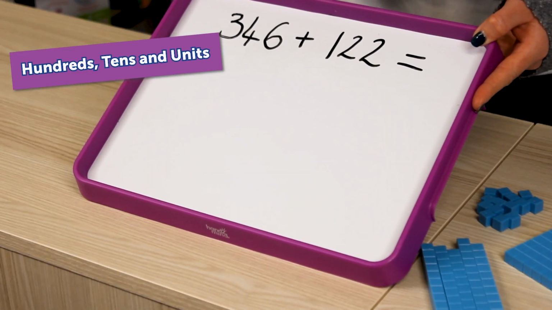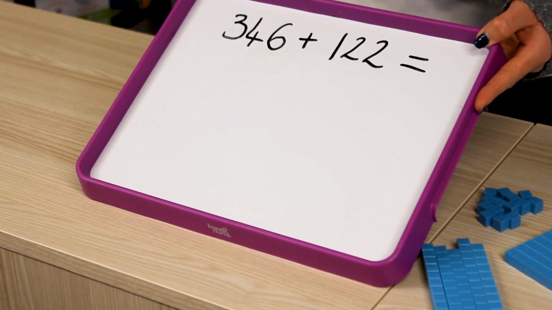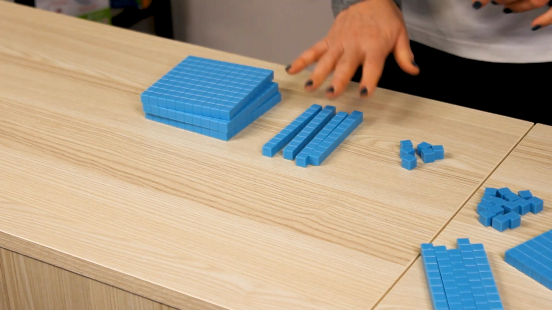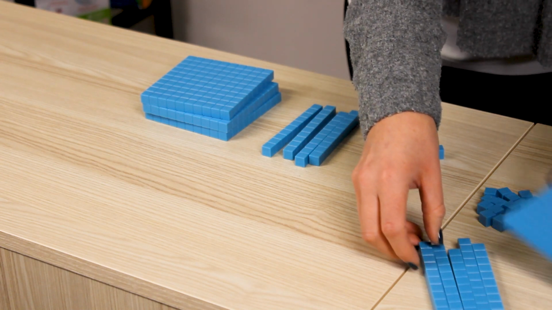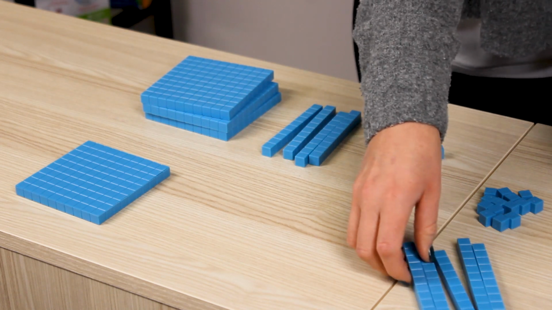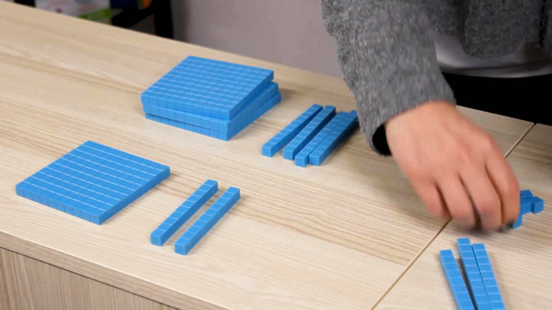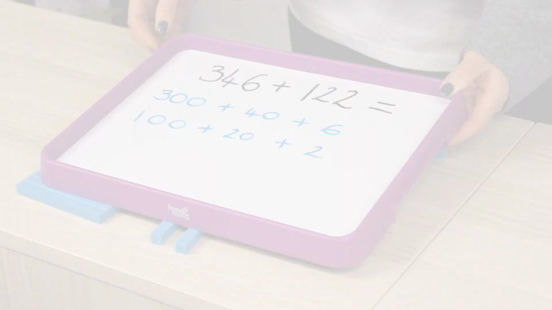Let's take the addition of 346 and 122. So we have built our 346, so let's do the 122. So we need our 100, 20, so our 2 tens and 2 ones.